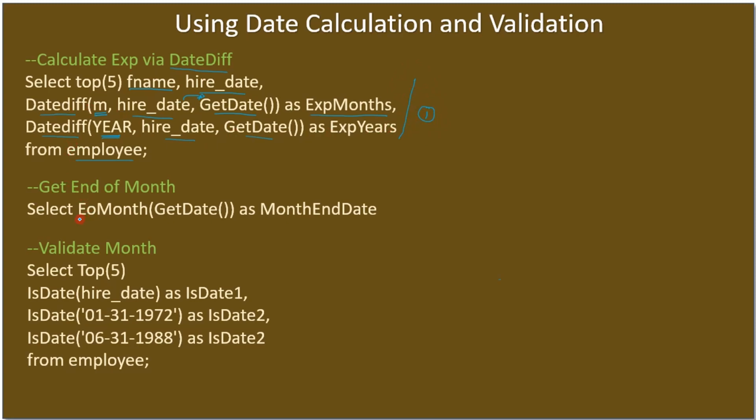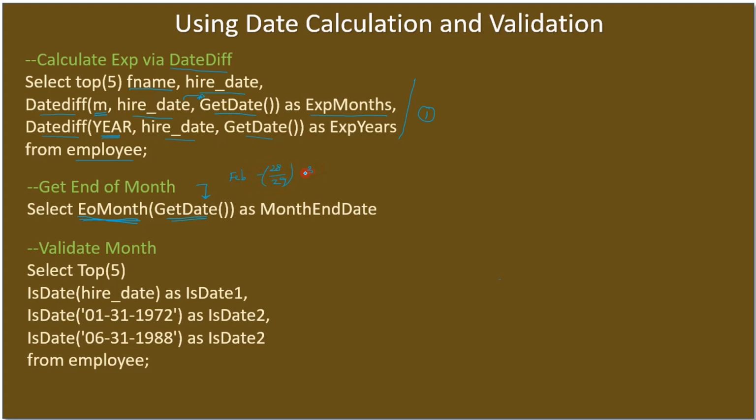And the function EOMONTH stands for end of month. For end of month we specify today's date, or you can give any date, and EOMONTH will give the last date in the given month. For example, if it is February, the last date will be 28 or 29 based on leap year.